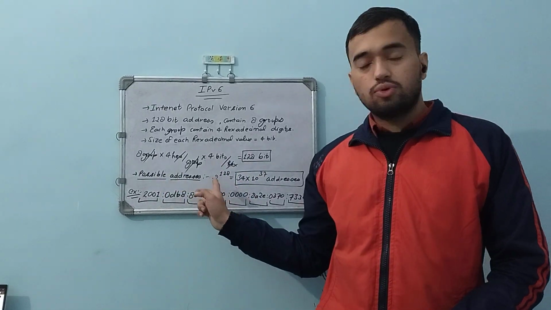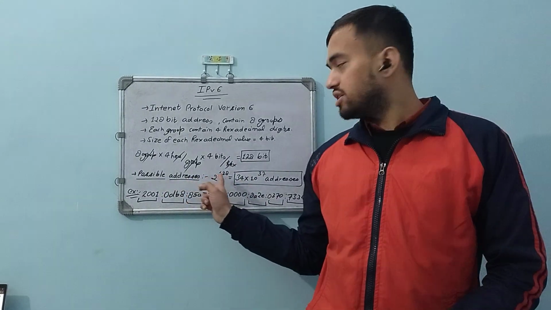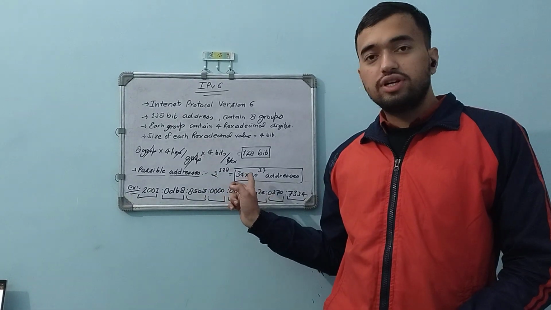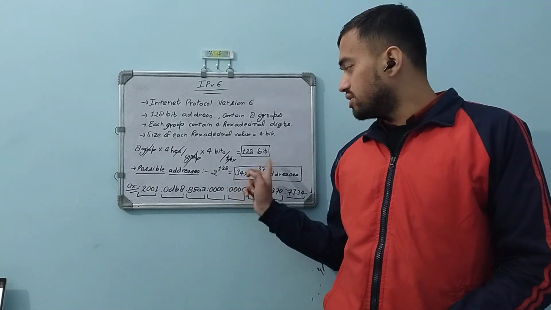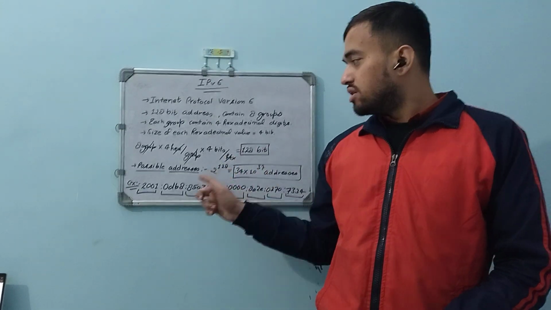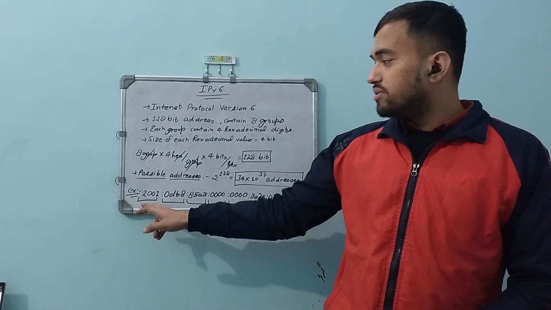And if we check the possible number of addresses in IPv6, it would be around 34 into 10 to the power 27 addresses. So it is a very huge scope for addresses, and here is an example of an IPv6 address.